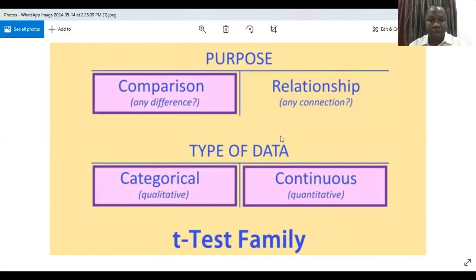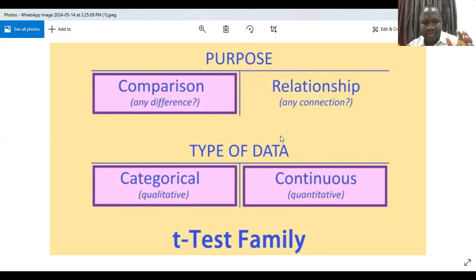Now, when the data sets are both categorical and your purpose is comparison, you know chi-square is for two data sets that are what? Categorical. But you're also looking at comparison. That's chi-square. Once you understand your data set, it is easier for you to pick the data analysis technique.